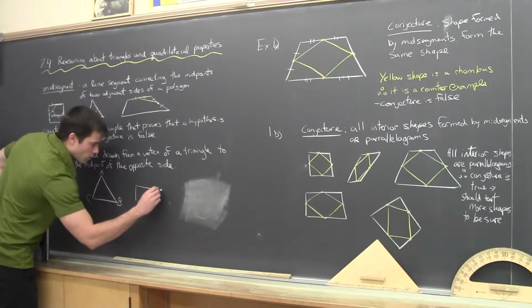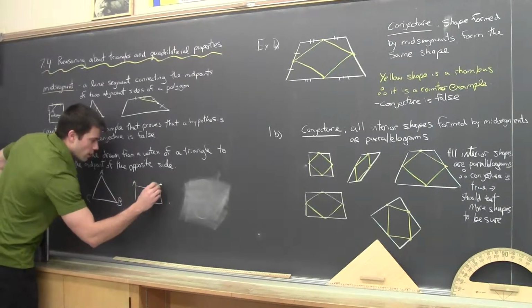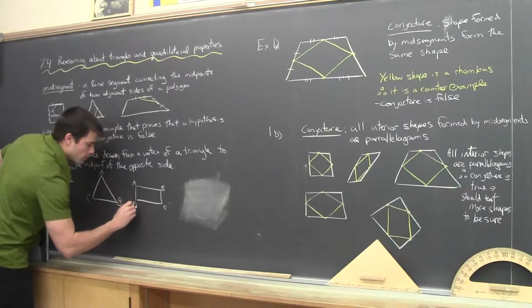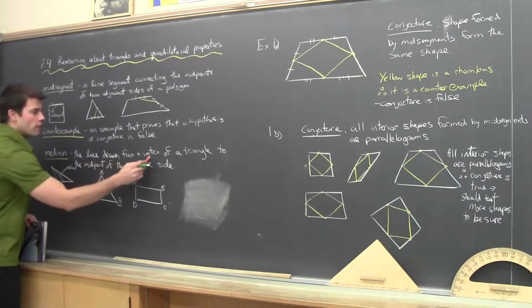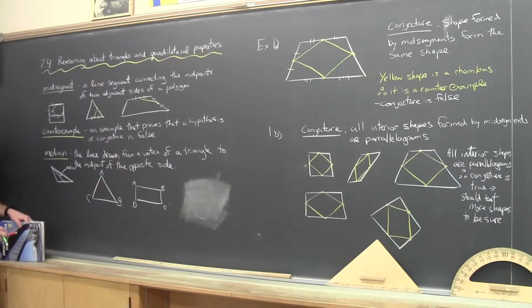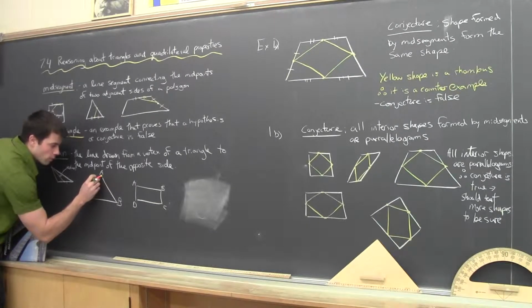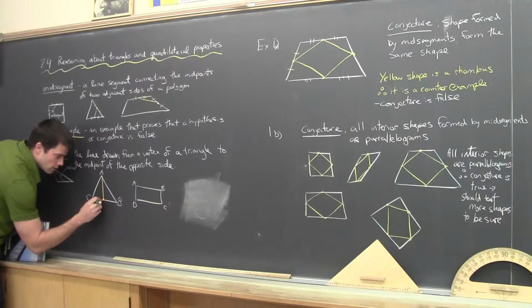We have a rectangle. We can have 4 vertexes. So when we're talking about a median, it's a line drawn from a vertex of a triangle to the midpoint of the opposite side. So from a vertex to the midpoint. So that means these two sides are equal.